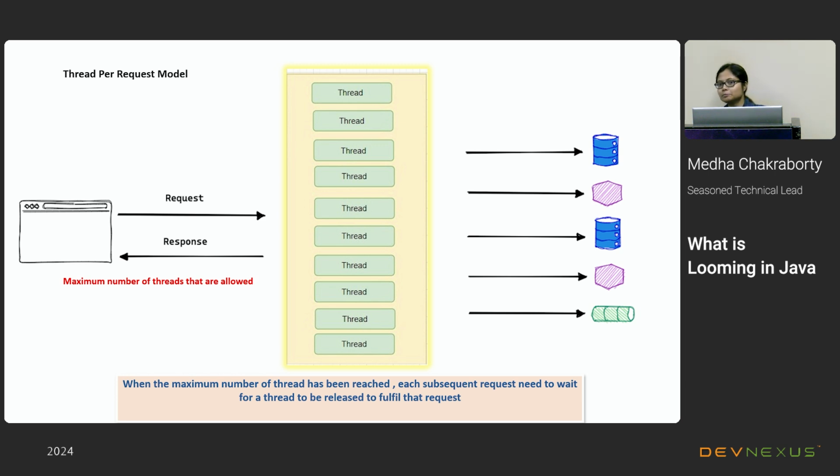So basically, you have to wait outside until tables are available for you to sit. So this is the kind of scenario happening here. How can we solve this? This is happening because, as you can see, the maximum number of threads which your application could support has been exceeded.